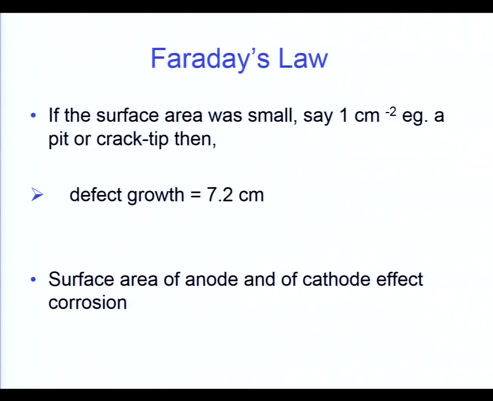So the rate of through section loss is large. So they're an inverse ratio of each other, if you like. The larger the anode, the slower the loss of through section thickness. The smaller the anode, the higher the loss of through section thickness. And that's part of the reason why general corrosion isn't a problem, particularly. But as soon as you get pitting or localized corrosion, it is a problem because you start getting failures much more rapidly.